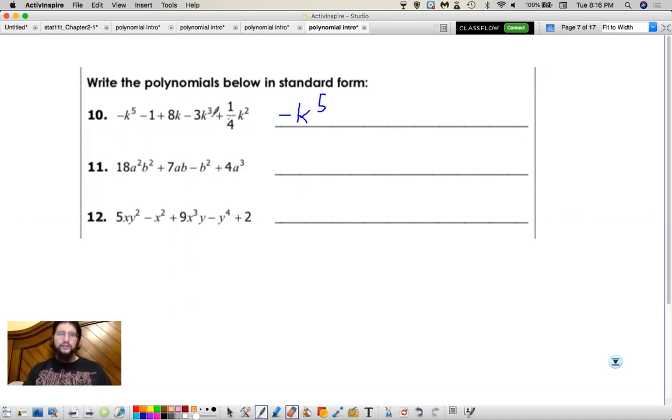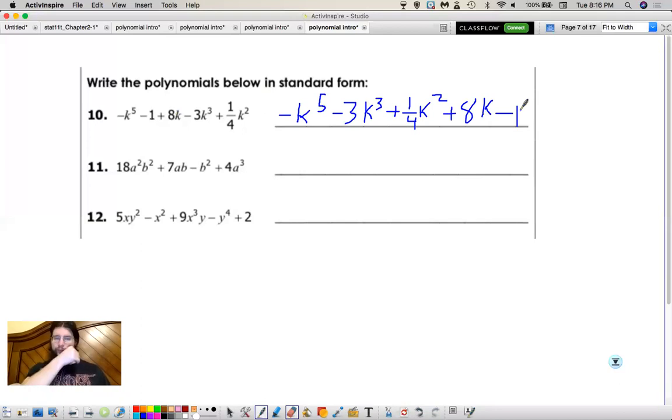Minus, the sign goes with it, so minus 3k cubed. Look for some squares. I got a positive 1/4 of them. Any linear terms? Yep, 8k's positive. And then my constant, -1. Descending order. That's standard form.